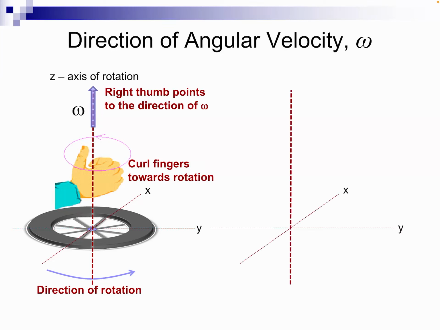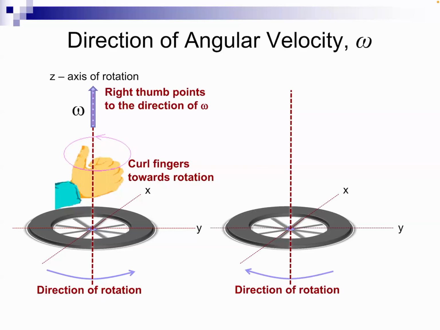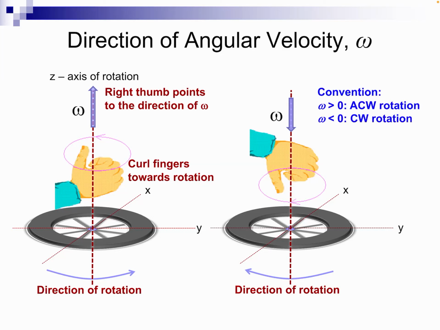On the other hand, for clockwise rotation, you again curl your fingers in the direction of the rotation. Notice how your thumb naturally points in the downward direction, which we designated to be the negative direction. So we have this convention of anti-clockwise rotation giving a positive angular velocity, and clockwise rotation giving a negative angular velocity.